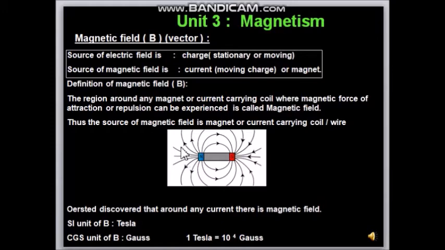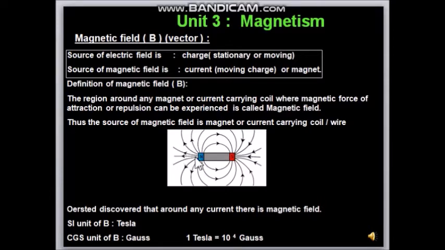The properties are: like poles repel and unlike poles attract. So I have to keep the North Pole here also, here also, and here also. Now where will this North Pole go? Suppose a North Pole is kept here. This north will be repelled by this north of the bar magnet.